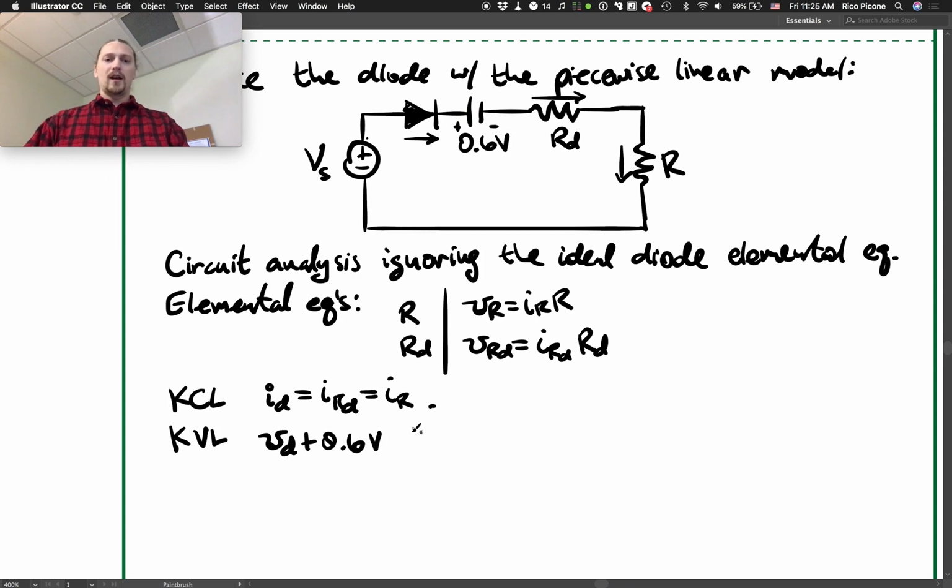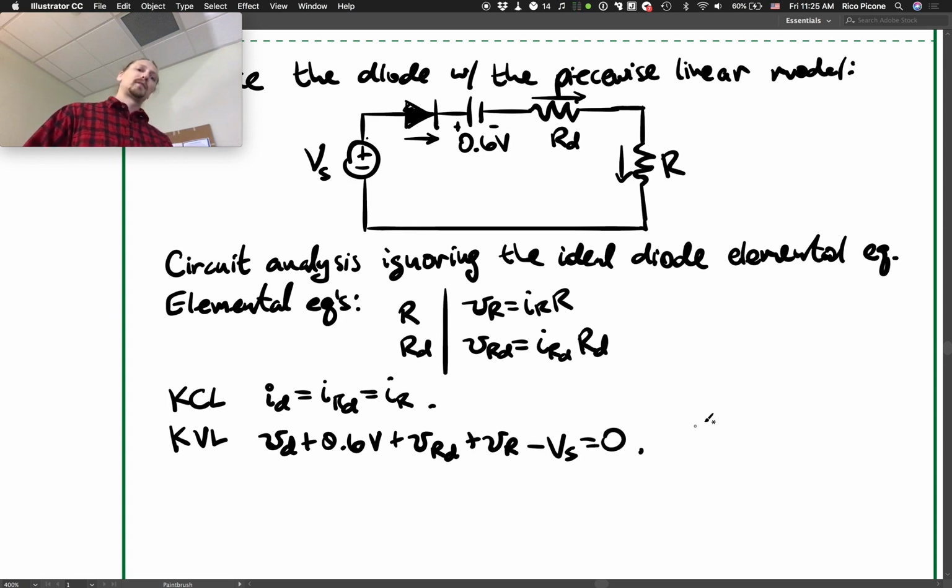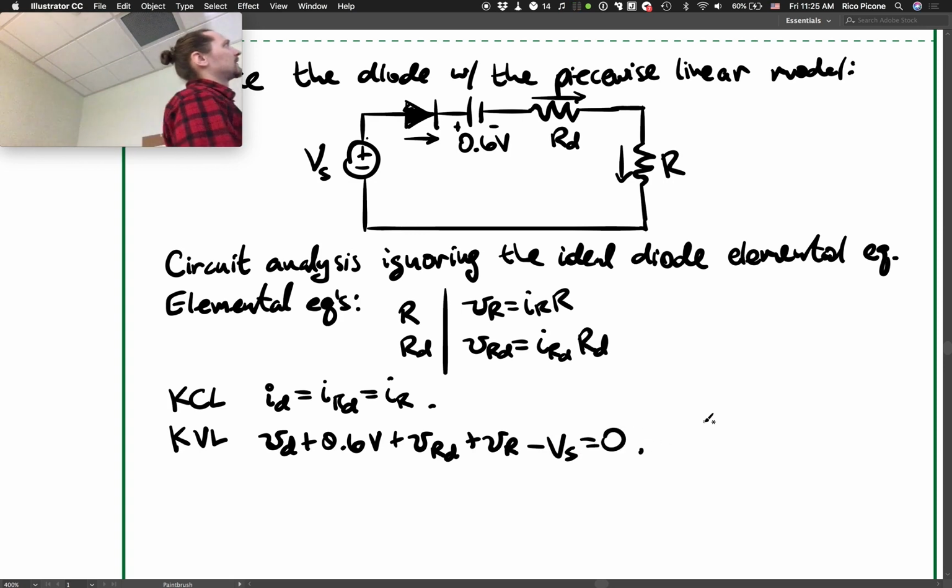And then we've got plus VRD. And then we've got plus VR. We've also got VS, right? So then minus VS equals 0.